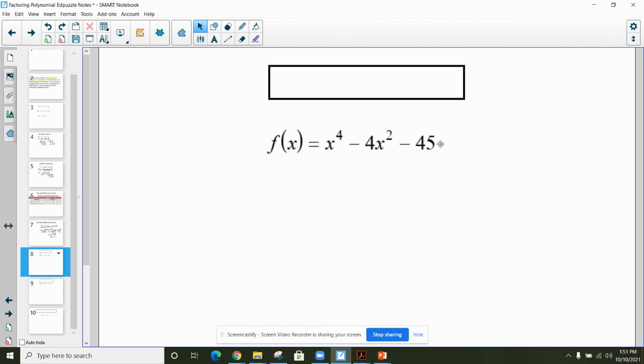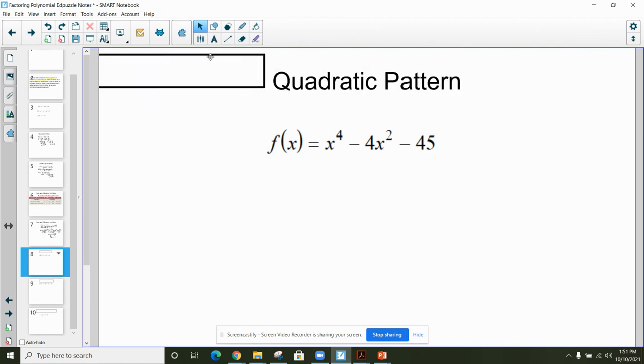Again, it's a trinomial, even degree. This exponent is half of that, so I will be using the quadratic pattern. All right, so go ahead and factor this now.